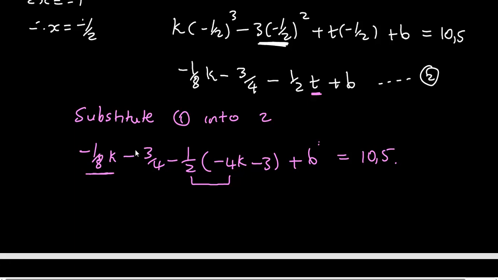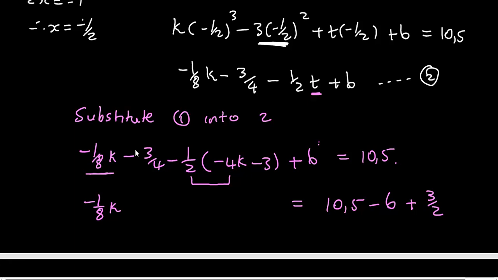Then we're going to say this is equal to 10.5. The 6 comes this side to be negative, then the 3 over 2 comes this side to be positive 3 over 2. This side to our left is minus 1 over 8k.